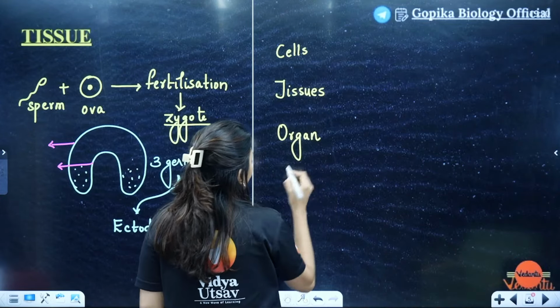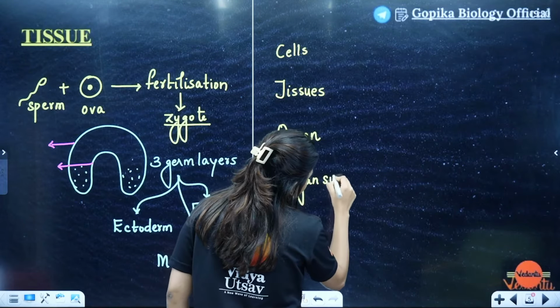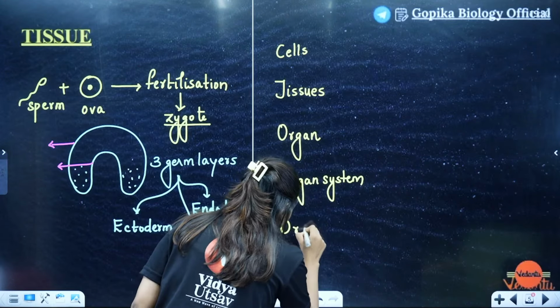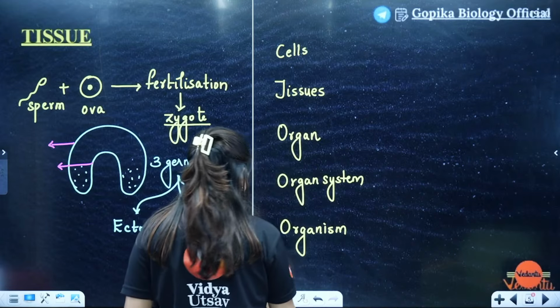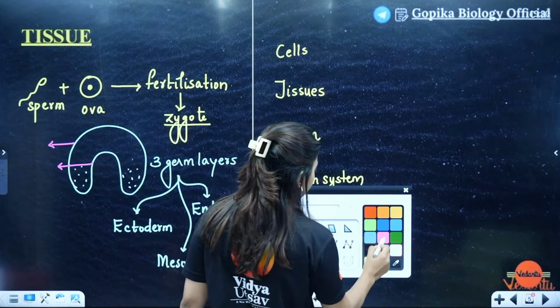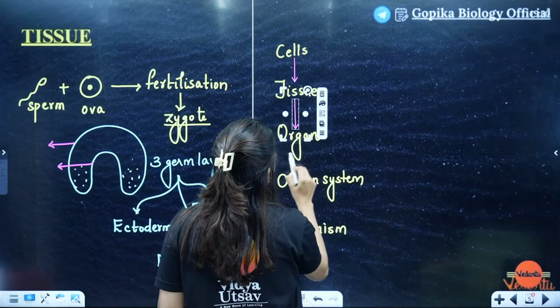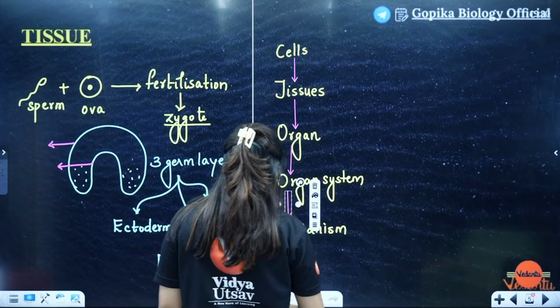Cells, tissues, organ, organ system, ultimately forming organism. Correct? That is how we are all formed, organisms. So this is the entire hierarchy or flow chart that you have to learn. Cells to tissues, tissues to organs, organs to organ system, and organ system to organism.